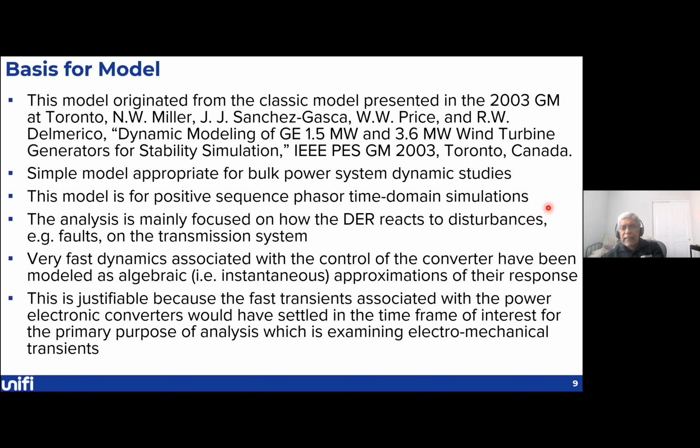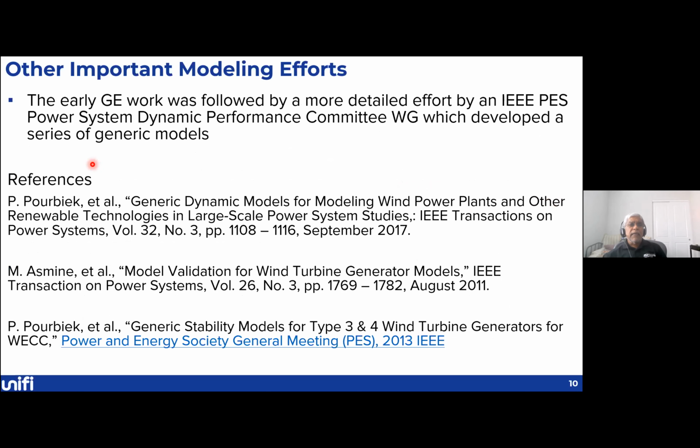So given that, the early GE work was then followed up by more detailed efforts conducted by an IEEE PES Power System Dynamic Performance Committee Working Group. And these three references that I have given here basically give a lot of background into what followed this original GE work. A series of first generation models were created.